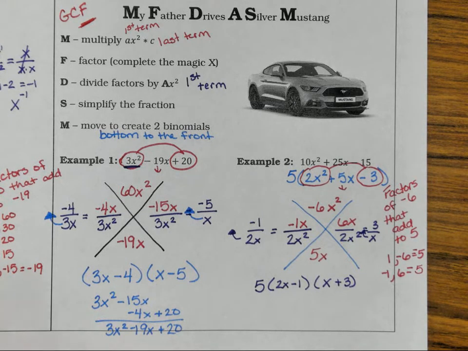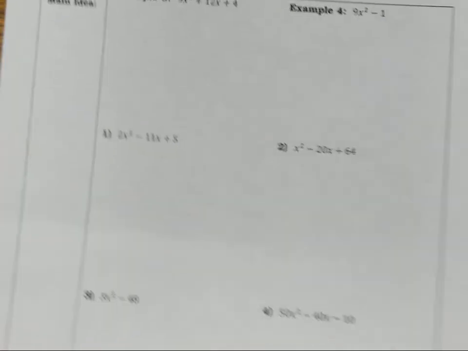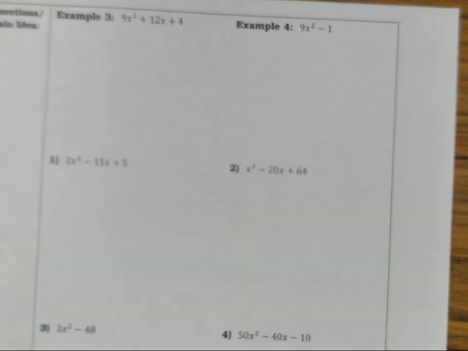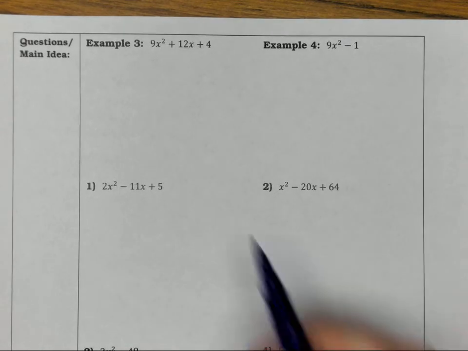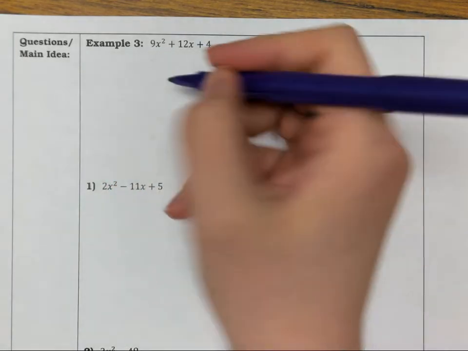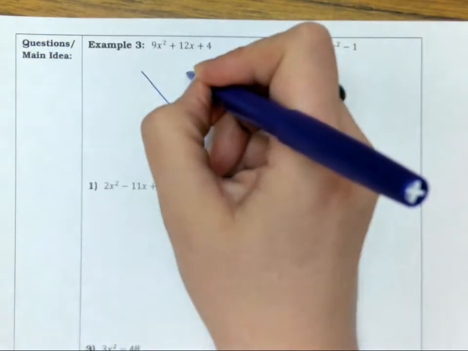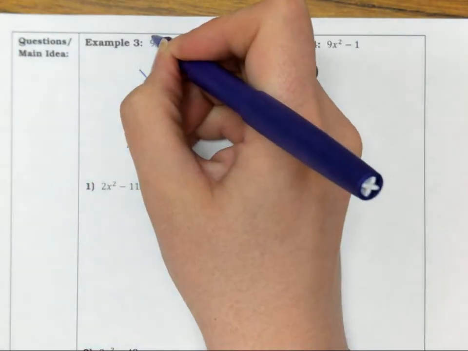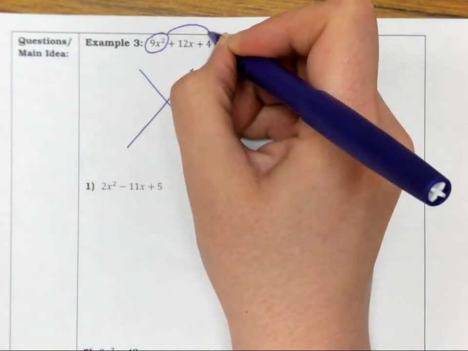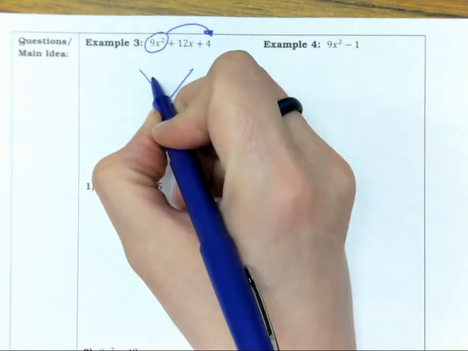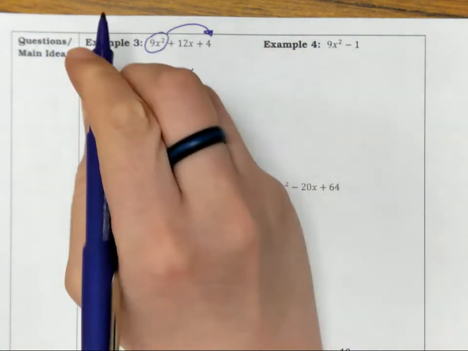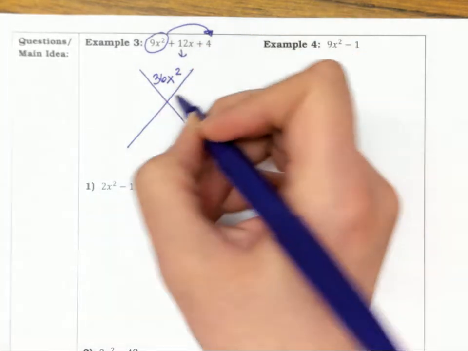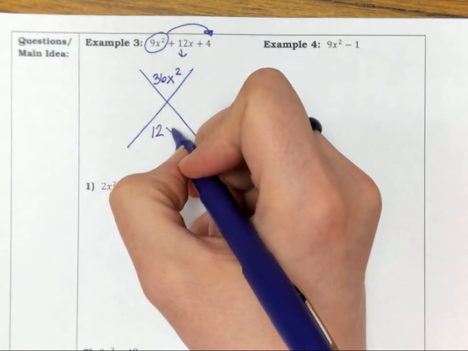I've got 2 more I'm going to do with you. Example 3. There's no greatest common factor, so we're just going to draw our magic X. Take the first term times the last term, which gives me 36x squared. Move the middle to the bottom, so 12x.